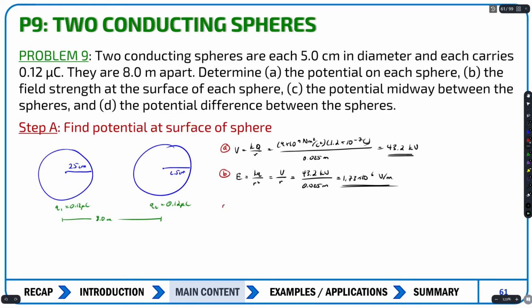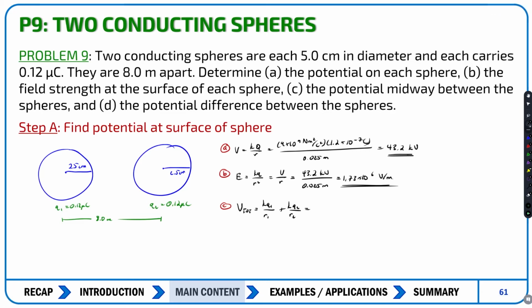Now C is asking us, what is the potential halfway between the spheres? So halfway between the spheres, we are going to have to use superposition because there's the effect of the two spheres. V total is equal to kQ1 divided by R1 plus kQ2 divided by R2.